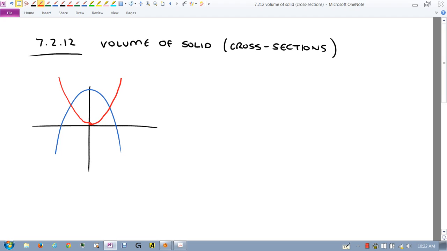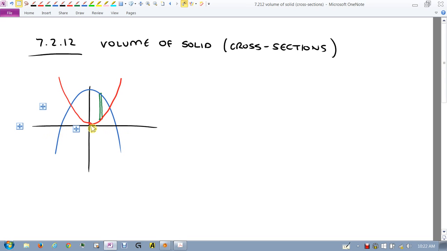And imagine taking across, like just that infinitesimal rectangle right here, like that, this infinitesimal sliver, which I'm going to call a perpendicular cross section. So look, this little rectangle, this little sliver is perpendicular to the x-axis, isn't it? Okay.